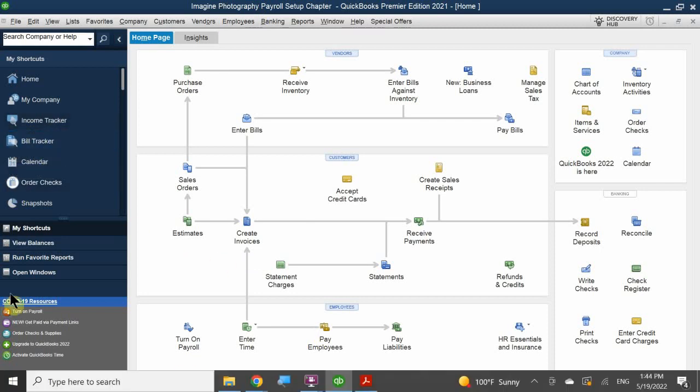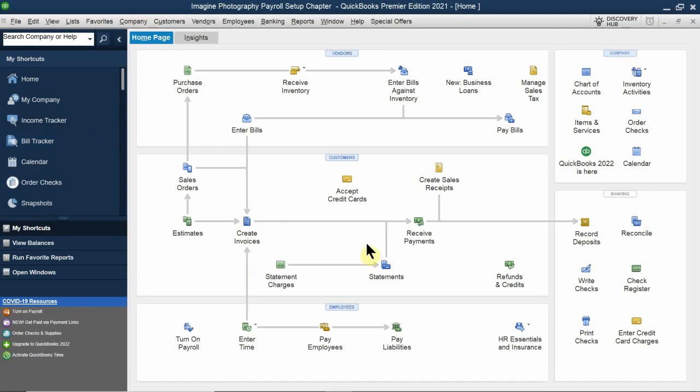Now let's take a look here. You've got turn on payroll. This is only necessary for chapter 11, which is going to be next week, where I'm going to show you what happens when you click on turn on payroll. When you are doing chapter 10, we're essentially setting up the payroll process for both manual and automatic payroll.